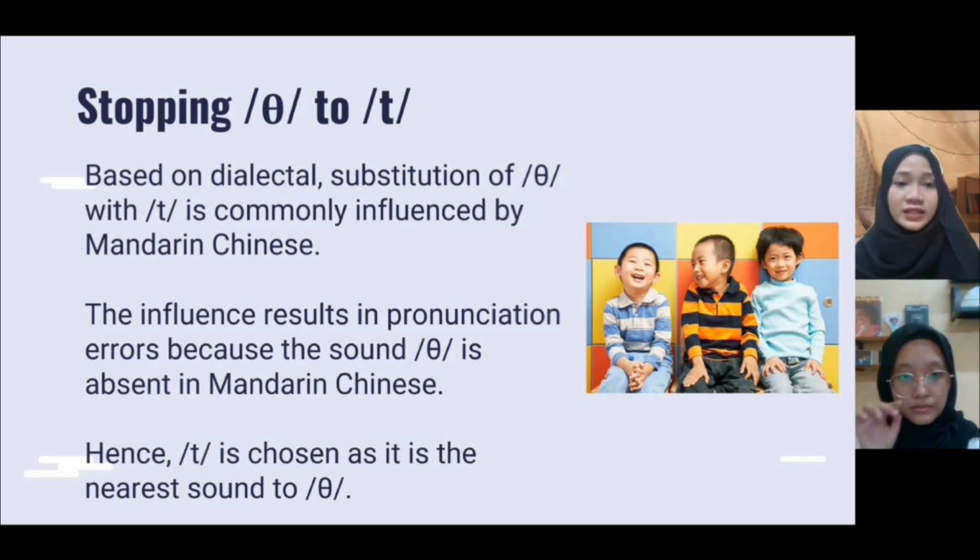So based on dialectal, the substitution of th with t is commonly influenced by Mandarin Chinese. The influence of this language will result in pronunciation errors because the sound th is absent in Mandarin Chinese. Hence, t is chosen as it is the nearest sound to th.